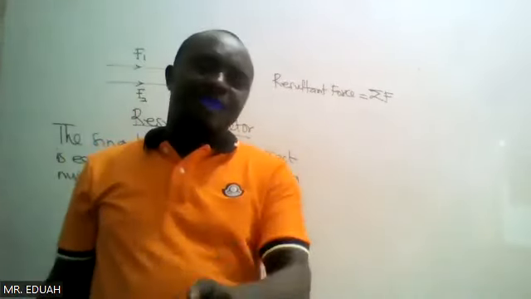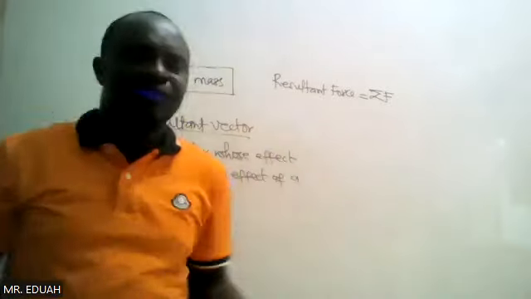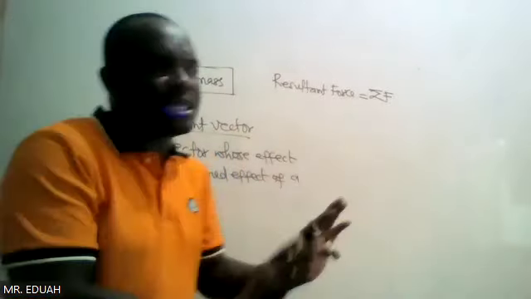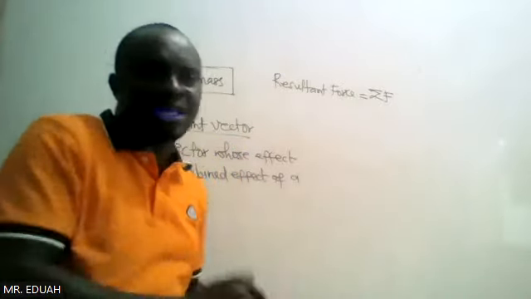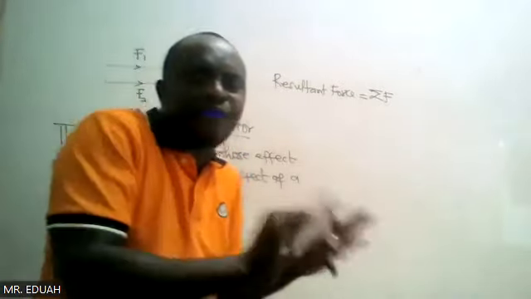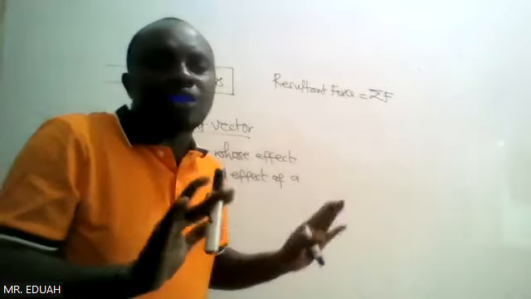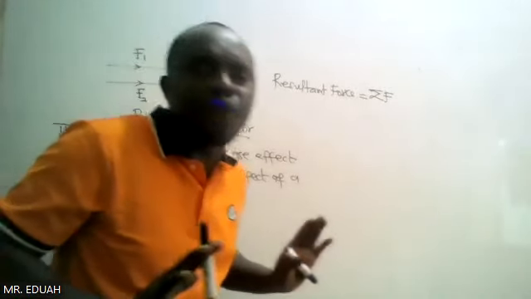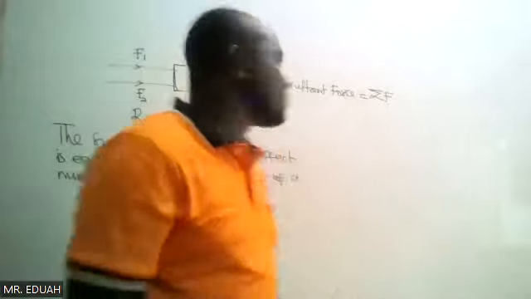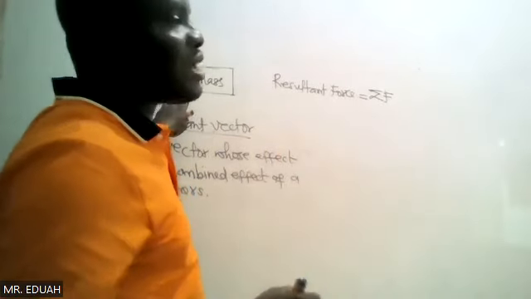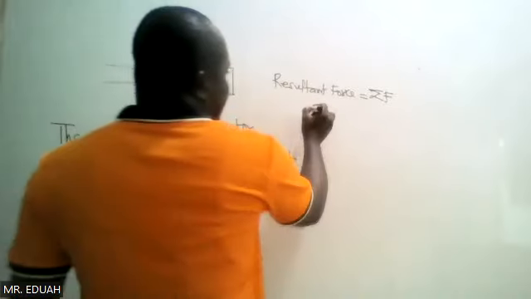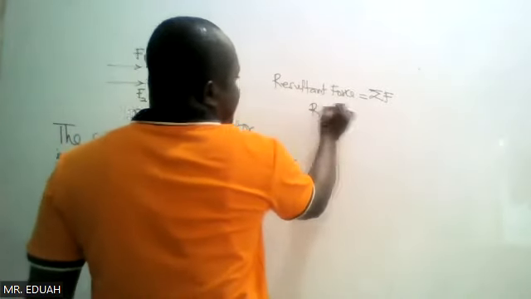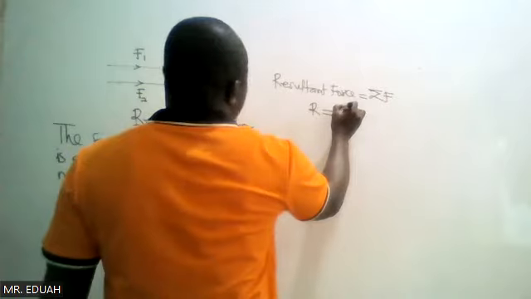If an individual comes over and pushes it, it will not go. But when other people come on board and they add up their forces, the total force can overcome the weight of the car and then it moves. So when the forces or vector quantities are in the same direction, the resultant force R is equal to the summation of all of them.